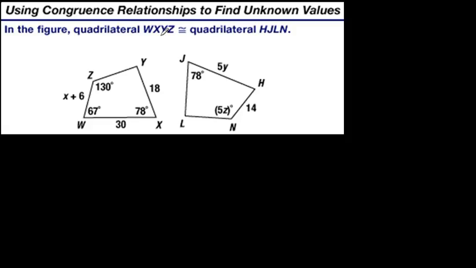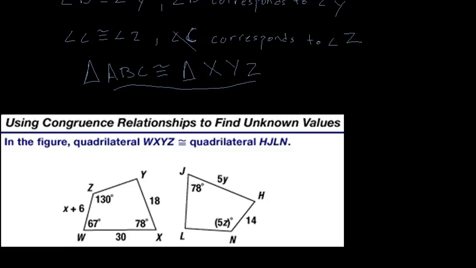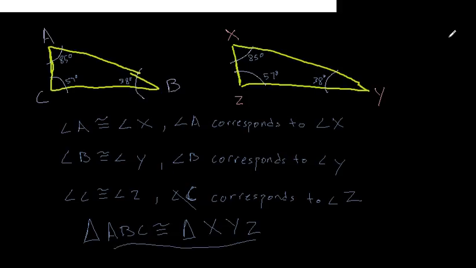It's so important to look at how the quadrilateral is named, how these points are ordered, because like the previous problem, it will help you determine which sides and angles correspond to each other.